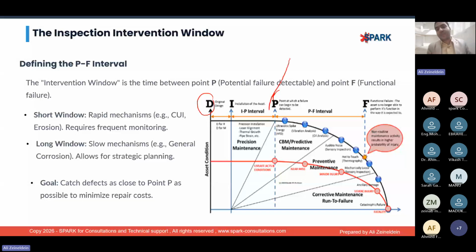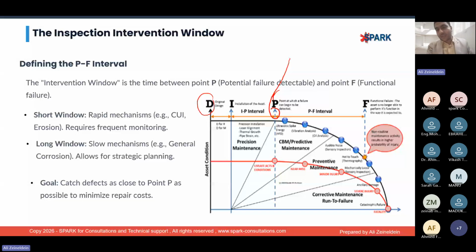Critical point means that after a certain time from installation, our equipment is exposed to different parameters, different operation parameters and operation variables, specifically if these parameters are out of the integrity operating window, meaning that we are in the starting phase for the point of failure.